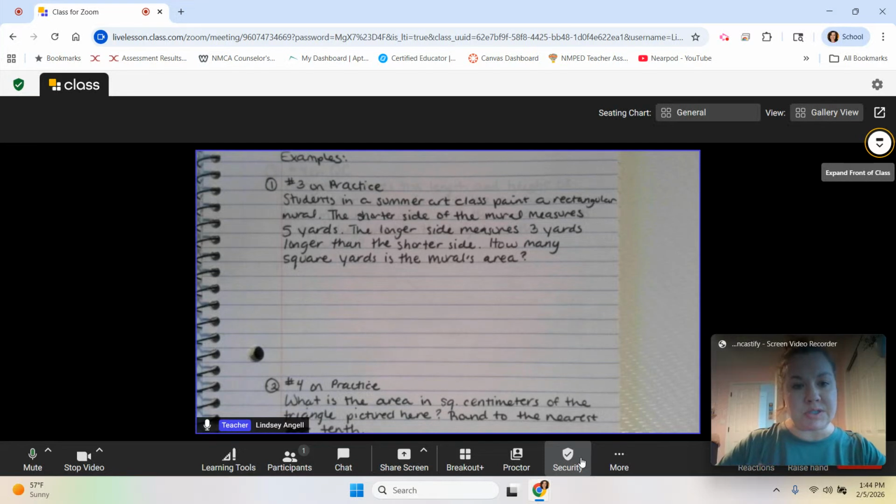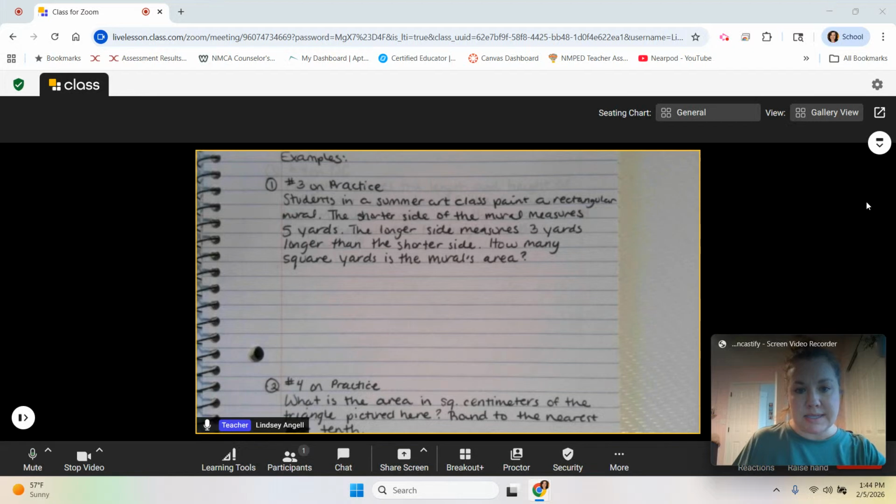All right, this first one is number 3 from your practice. It says, students in a summer art class paint a rectangular mural. The shorter side of the mural measures 5 yards, the longer side measures 3 yards longer than the shorter side. How many square yards is the mural's area? So we've got to pay attention to what they're actually asking us.